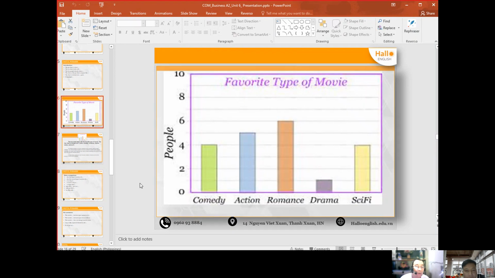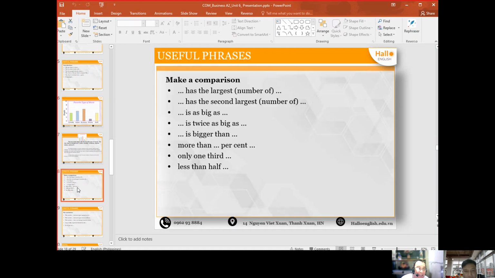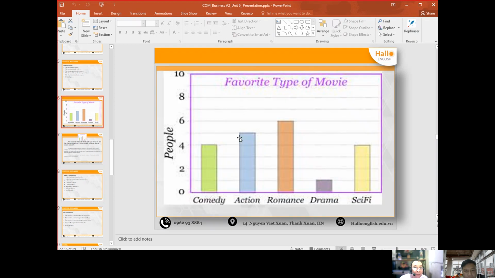The second would be action, so you can say the action movie has the second largest number of people watching, which is composed of five people.